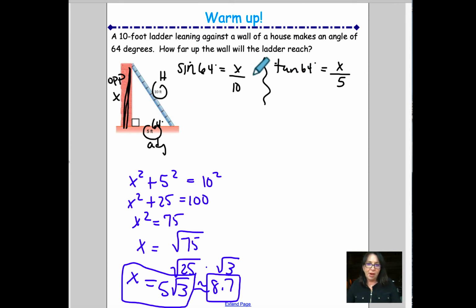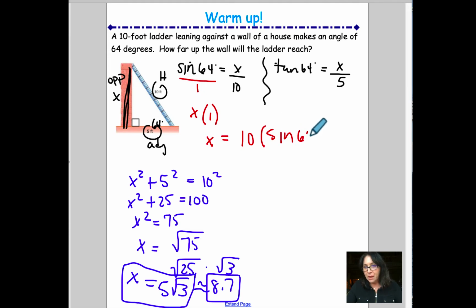Simplifying one of these ways, I would just cross multiply. If choosing this one, I'd say x times 1, which is just x, is equal to 10 times sine of 64. And because you will be rounding off, this is not going to give you an exact value. This is going to give you an approximation.